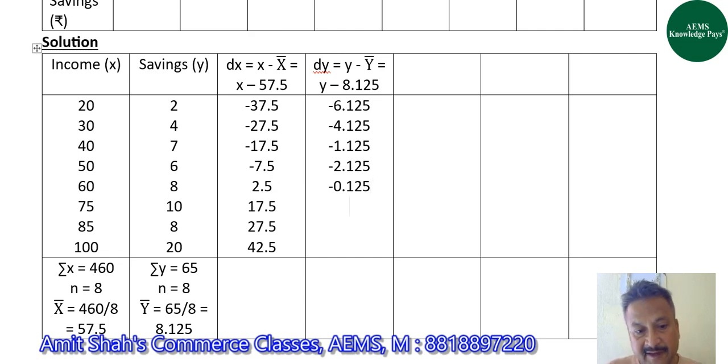Then 10 minus 8.125, that is 1.875. Then again minus 0.125 and then 11.875.